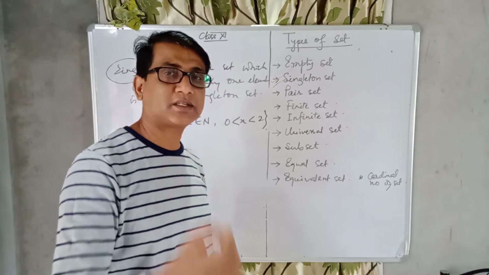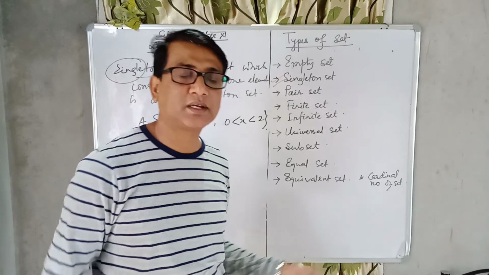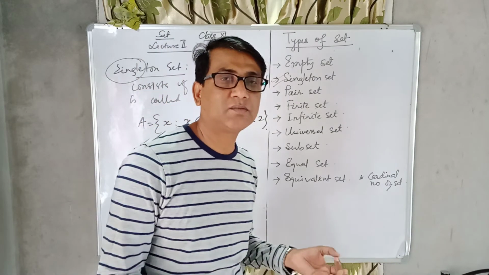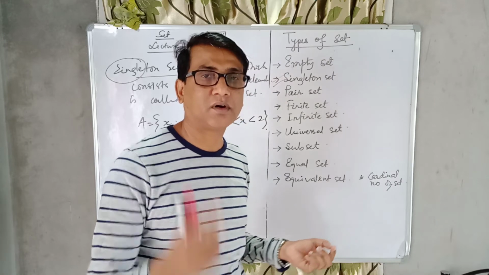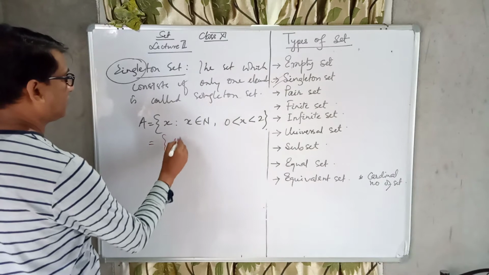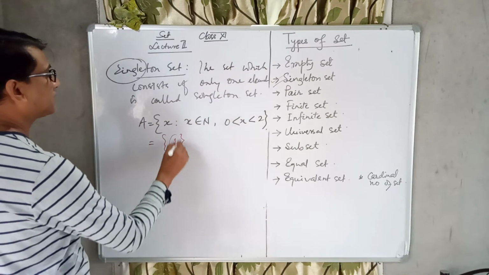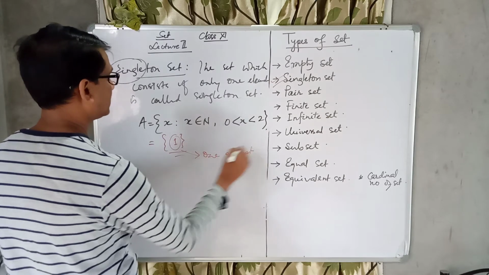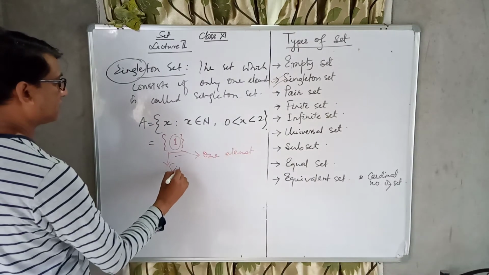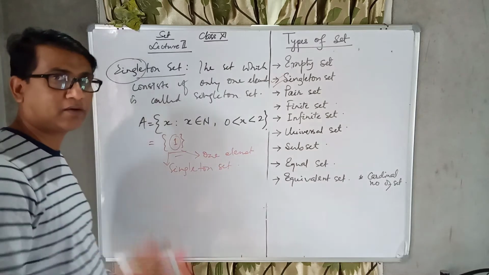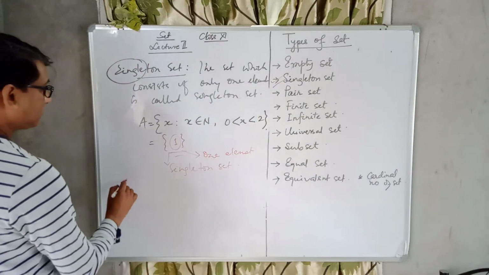Here x is a natural number, and it should lie between 0 and 2. How many natural numbers do we get between 0 and 2? Only one, that is 1. So there is only one element. So this is a singleton set.